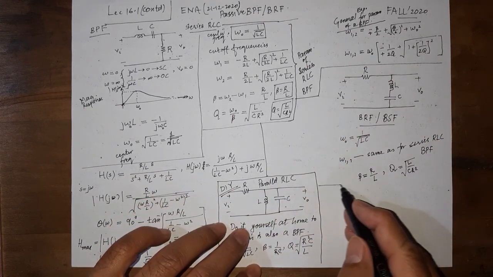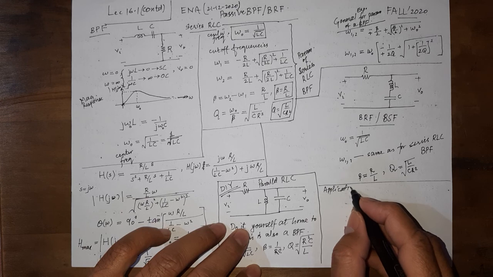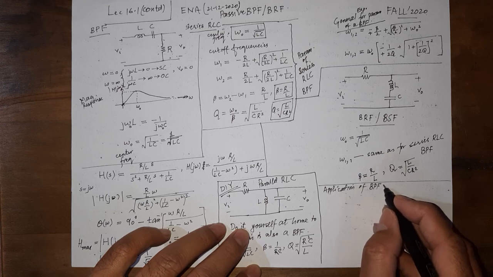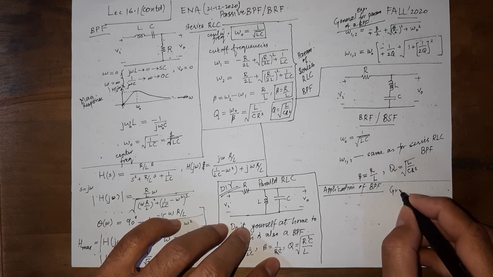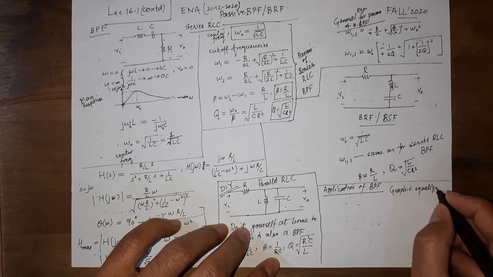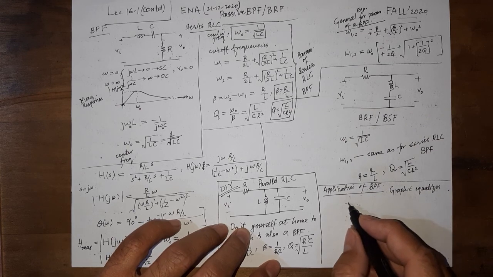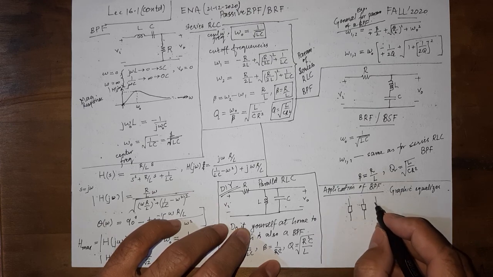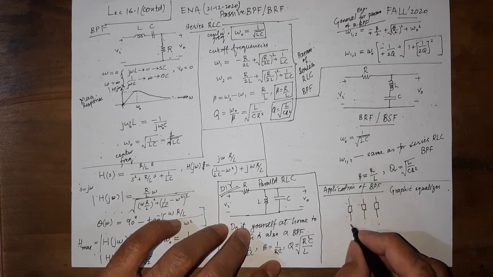The best example, now let us talk about some application. Let me give you a common application of a band pass filter that you probably use on a daily basis, a graphic equalizer. You might have seen this on audio systems, even in software as well as hardware, where you are given many slider controls, and by moving a slider up, that component of the frequency in the audio is amplified.